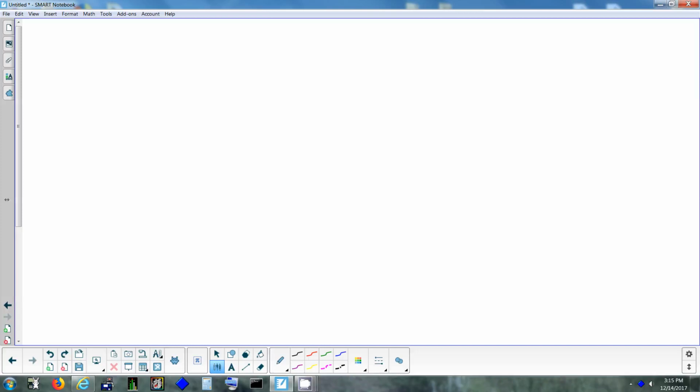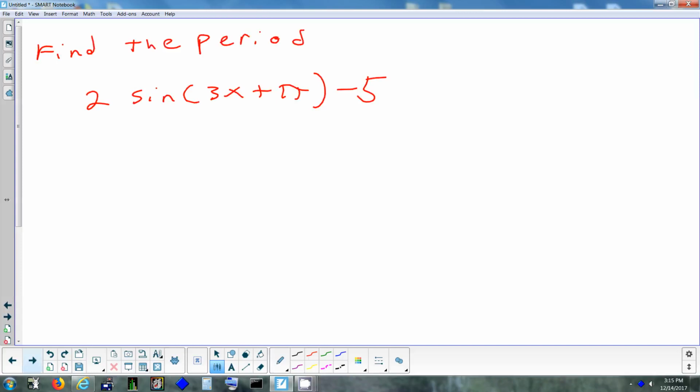Let's just try this: 2 sine of (3x plus pi) minus 5. So find period and amplitude. Okay, let's start with the period, which for some reason they use the letter T. I don't know why.